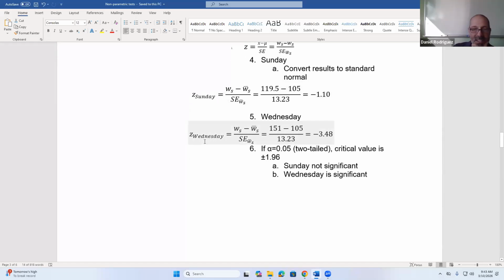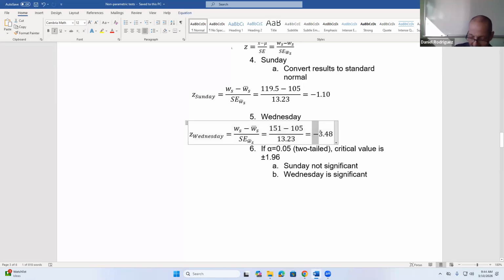And then on Wednesdays, we do have a significant result. Again, we take the value of the first W, the summation of all the rankings from the first group. It's 151 minus that mean, divided by our standard error. And we get a value of, well, actually, this should be positive.